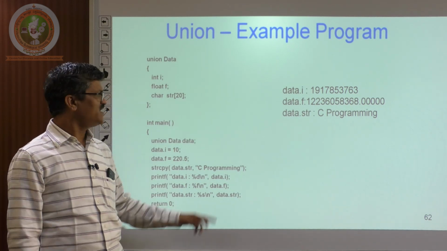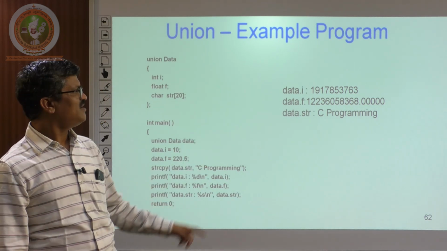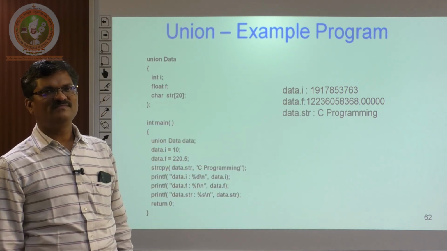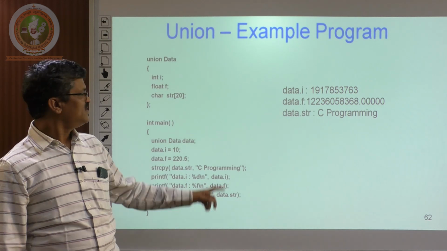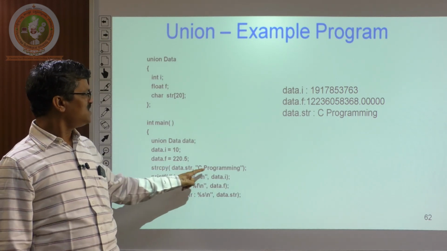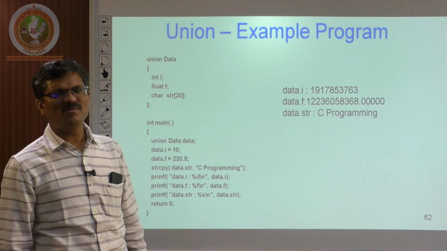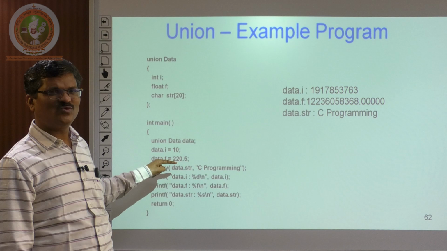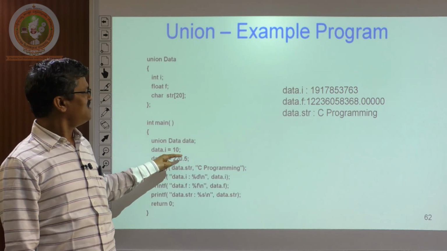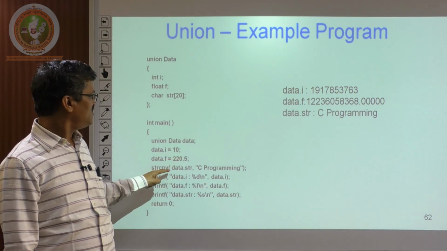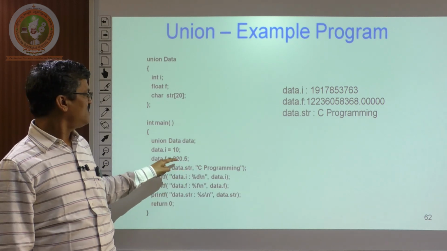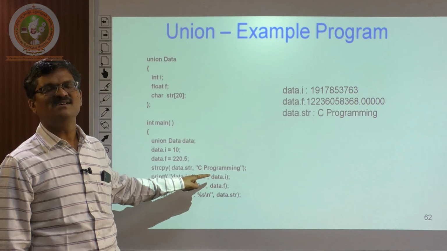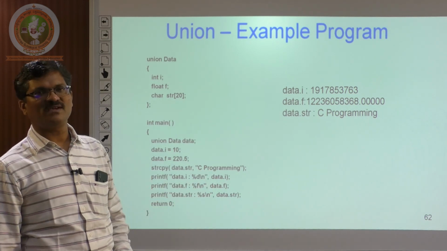Right. So, data.i will not print this 10 or f will not hold this 220 value, because as this is defined, they share the common memory location. It was there initially, but as you assign the f value, this was overwritten, and as the value was written by data.str, this 220.5 was overwritten, replaced by this value, and hence the presently available value is C programming.